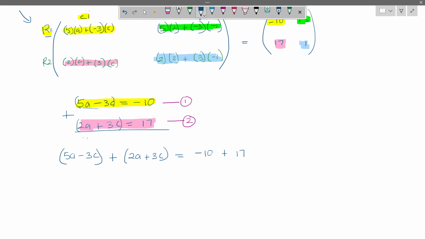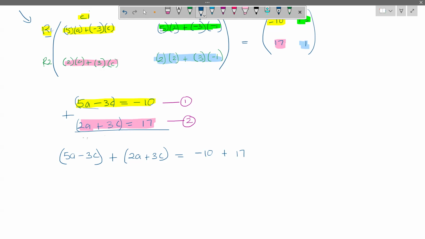Now, how do I know to add the two equations together? First thing is I'm looking at the coefficient of C. Both of them is 3. So that means that's the easiest one to eliminate. But how do you know whether to add the two equations or subtract them? That's based on the sign in front of it. If the sign is different, add the two equations. If the sign is the same, subtract the two equations. So let me repeat that. When you're doing simultaneous equations, you need the coefficient of the letter that you're going to eliminate to be the same.